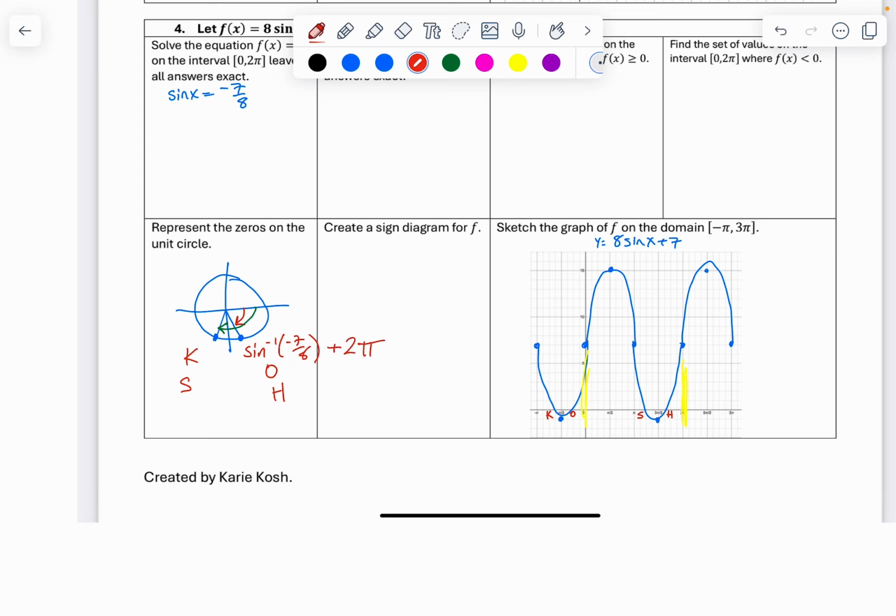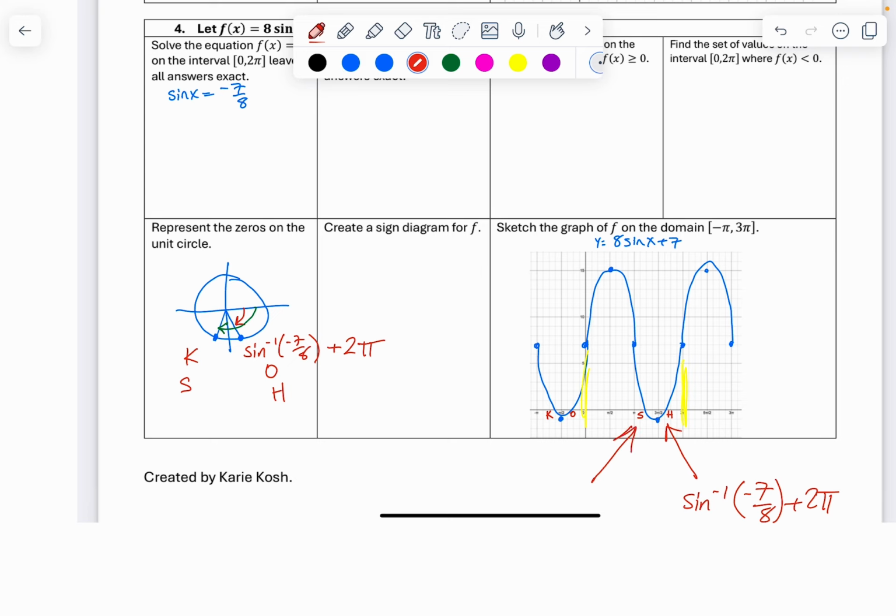Now H is the inverse sine of negative 7/8 plus 2 pi. Is that the only way to name that angle? No, but go check out my other video about unit circle unfriendly inverse trig. This one is point H.